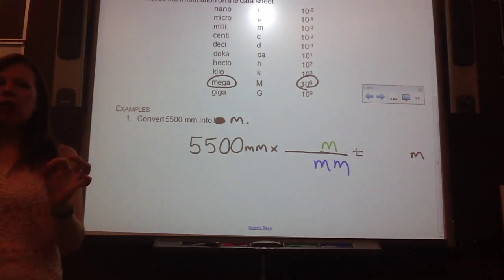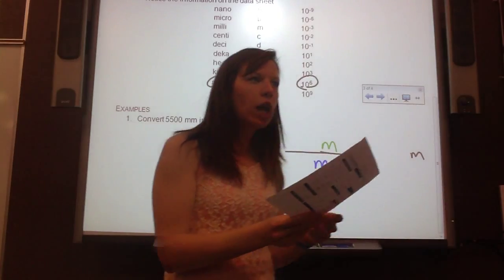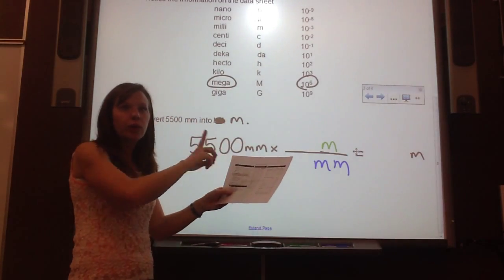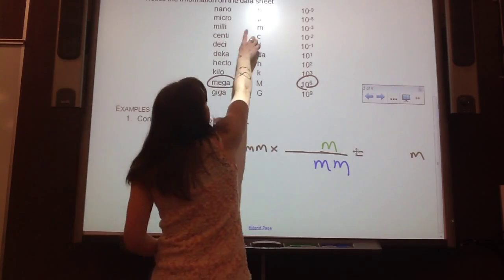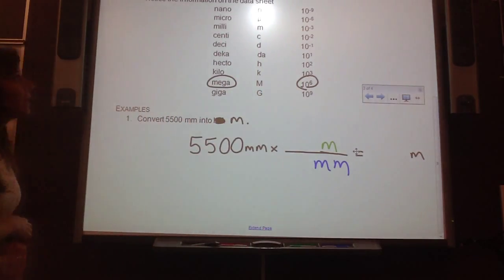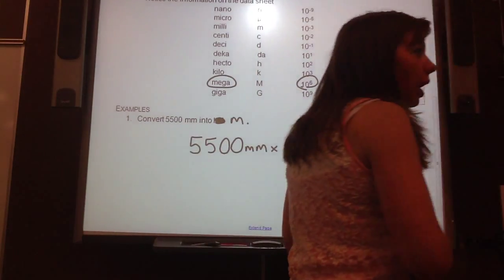Now here comes the part where you need to look at your chart and see what the fraction is. What do I need to compare? You go to the millimeters, and it's changed by times 10 to the power of negative 3.